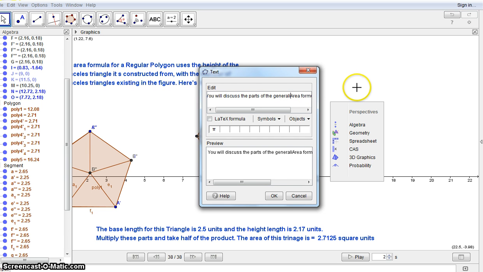for a regular pentagon, and you will say how they relate to the area of a triangle, which relates to the area of a rectangle.